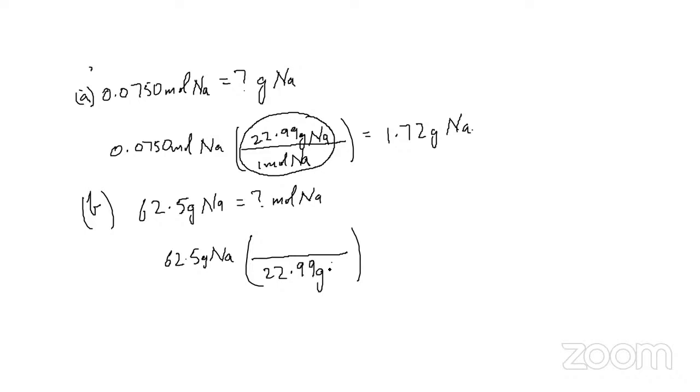The reason is that in this case, you're converting from grams to moles. So you need to put the grams of sodium down here to cancel out with the grams of sodium here. The only unit remaining would be moles of sodium.